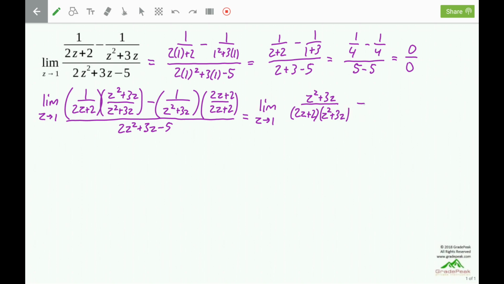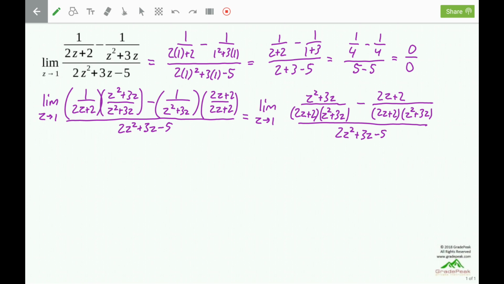And then we will have this minus, the other fraction will be 1 times 2z plus 2, which will be 2z plus 2, over that same common denominator, 2z plus 2 times z squared plus 3z. And then all of this over 2z squared plus 3z minus 5.